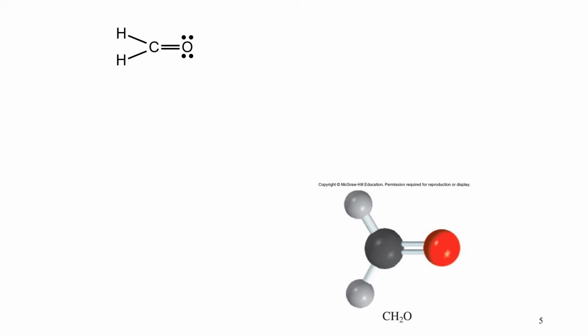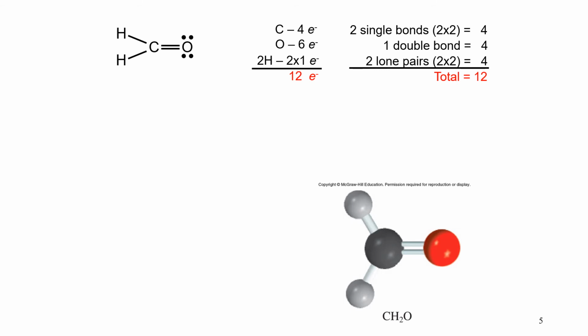Now let's look at the other structure and determine formal charge for both carbon and hydrogen. And again, the total number of electrons were totaled and the Lewis structure was drawn, obeying the octet rule, just a different position of the atoms.